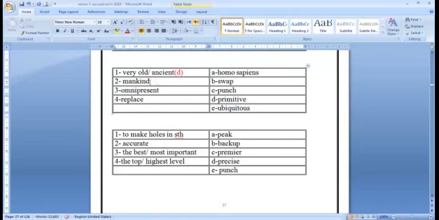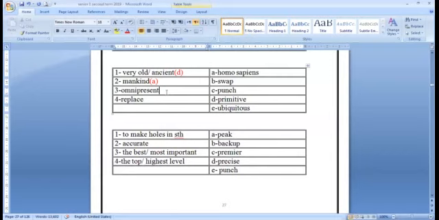Okay, number two, mankind, which means human beings. The synonym of it is Homo sapiens, which means human beings or people. Number three is omnipresent, which means something that exists everywhere.